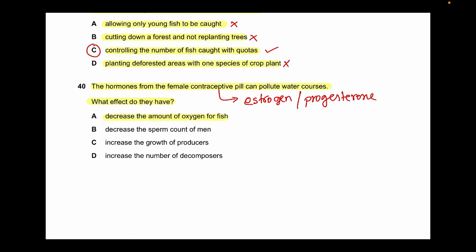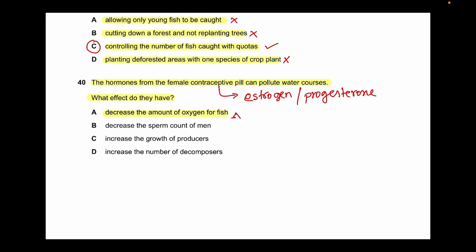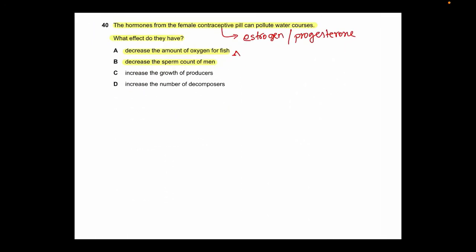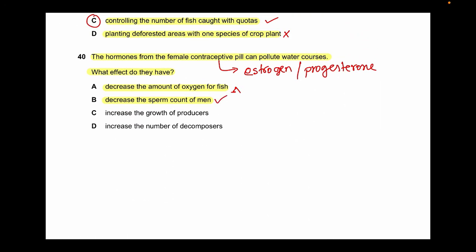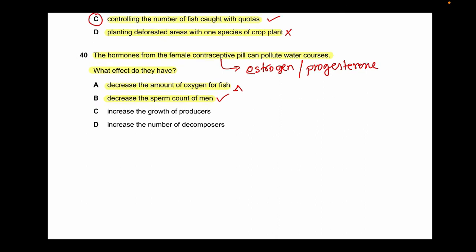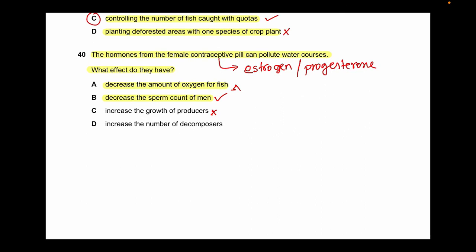Decreases the amount of oxygen for fish? No. Decreases the sperm count of men? Yes, that is a problem. Increases the growth of producers? No. Increases the number of decomposers? No. So it can decrease the sperm count of men significantly.